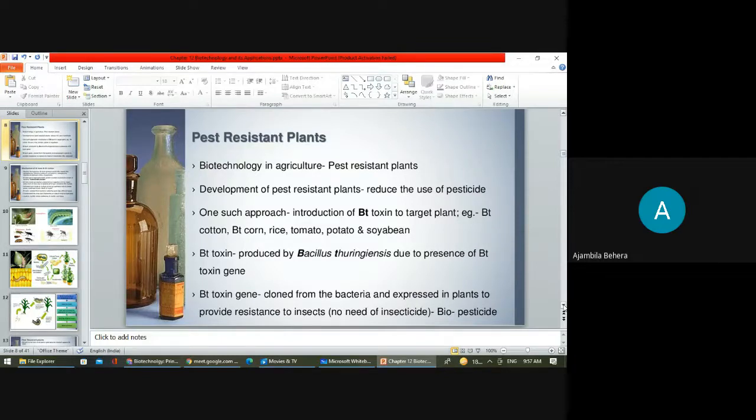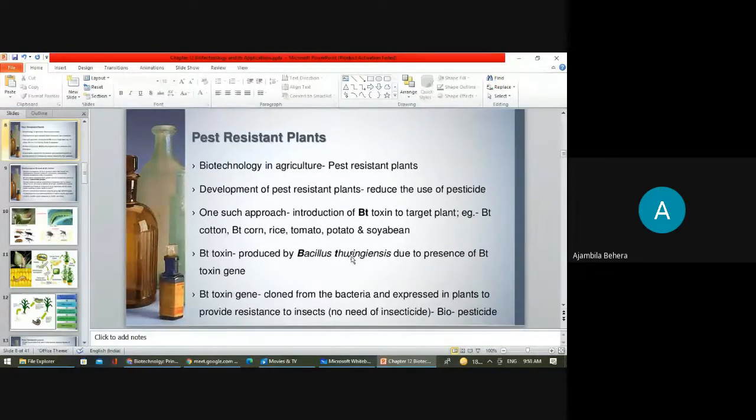For example, in case of your BT cotton, BT corn, BT rice, BT tomato, BT potato, BT soybean. In these crops, generally we introduce one gene, and that gene we get from Bacillus thuringiensis. So this is the bacterium.